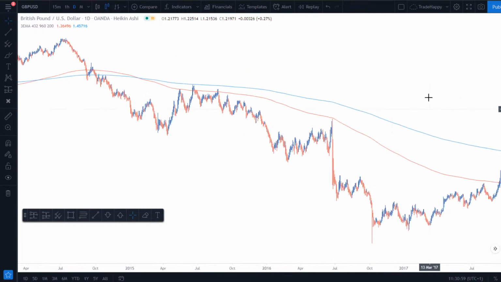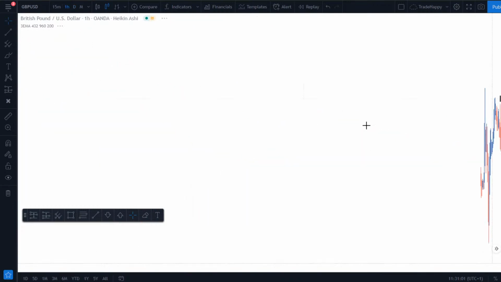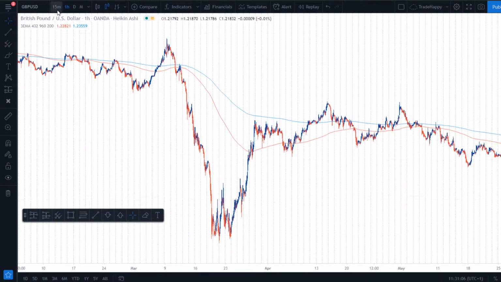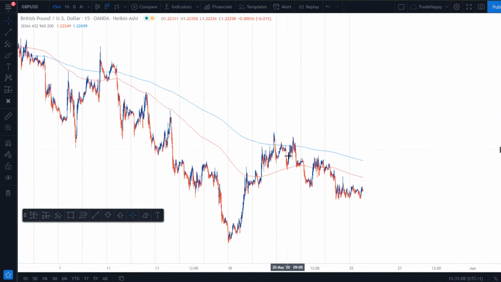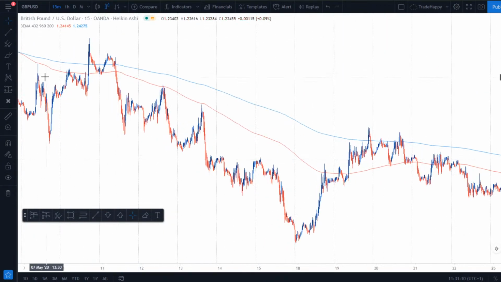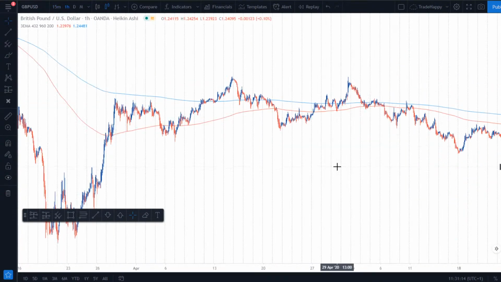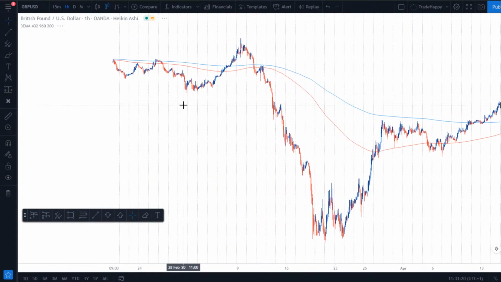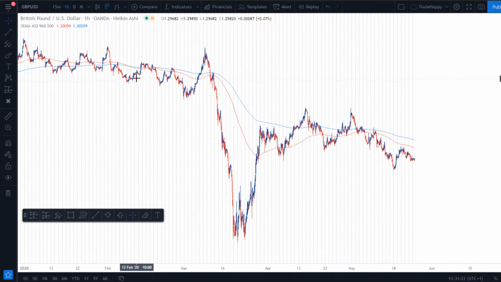The reason for that is once you go onto the daily, I think it's this one. So if you go into the hourly and put these two EMAs onto your charts, it's the same as what it would be on the daily if it were an 18 and a 40.